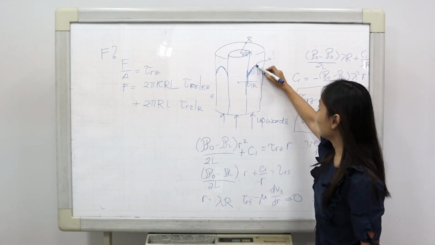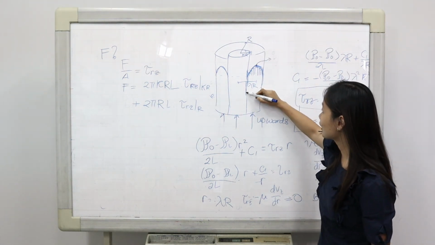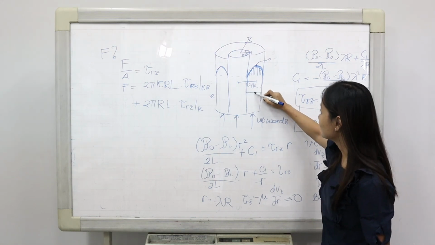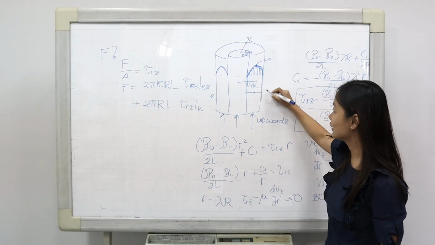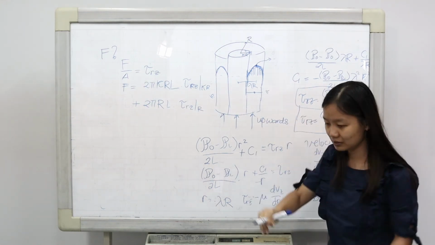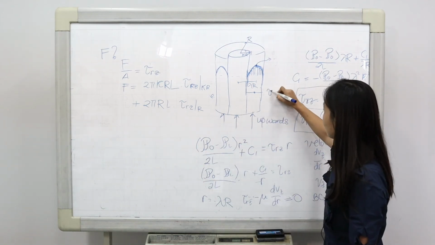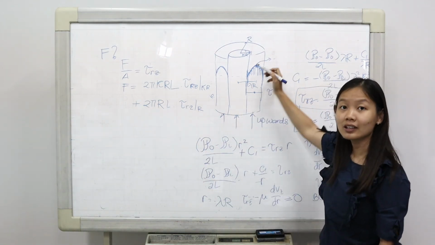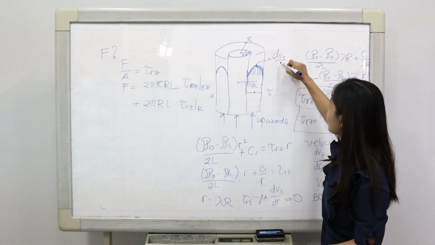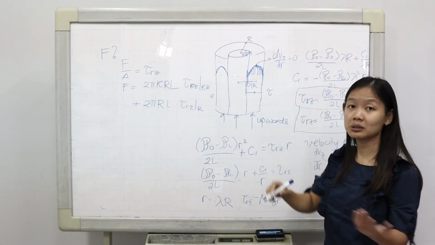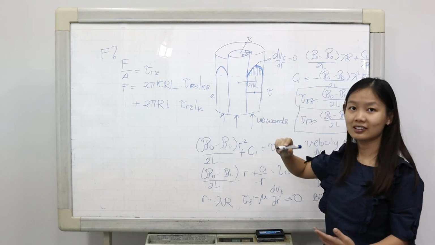At the maximum velocity, basically the shear stress tau is 0. Why is tau 0? Because dvz per dr is 0 at the maximum point. So at this point, the tau is 0.